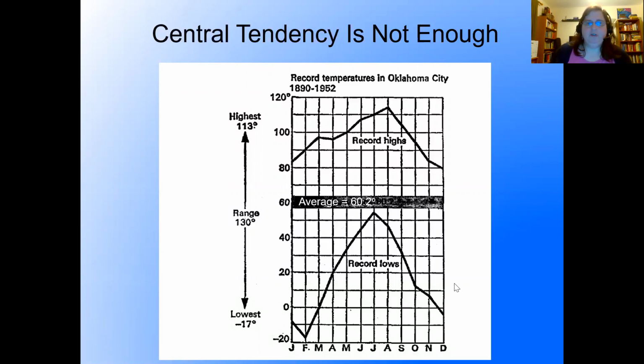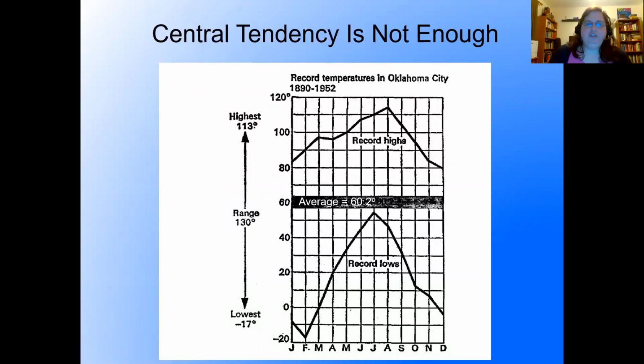So suppose you were offered an internship that looked really good in Oklahoma City. And you might at first just look at a measure of central tendency, the mean, and say, look, the average temperature is 60.2 degrees. That sounds good to me.